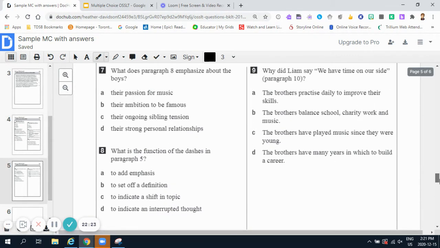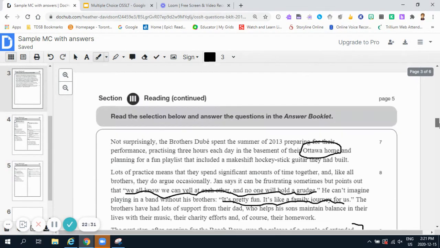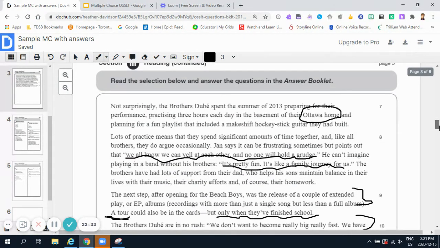Number 7. What does paragraph 8 emphasize about the boys? So I'm going to go back to paragraph 8. Lots of practice means that they had significant amounts of time together. Points out that they don't hold a grudge.